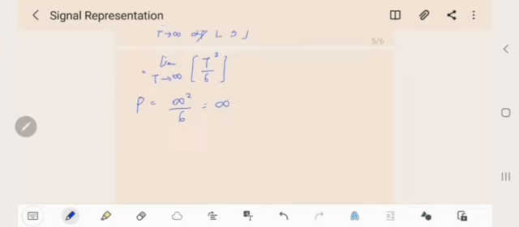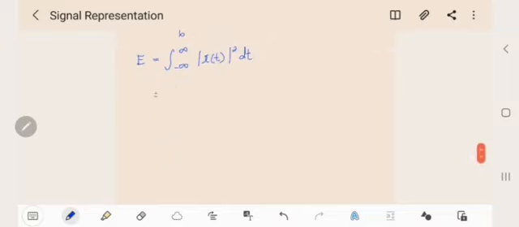Now we want to determine whether the ramp signal is an energy signal. We have the formula: energy equals the integral from negative infinity until infinity of the modulus of x(t) squared dt. We integrate our ramp signal from negative infinity until 0, where we get 0 dt, plus from 0 until infinity, where we get t squared dt. We integrate it and have t cubed divided by 3 from 0 until infinity.